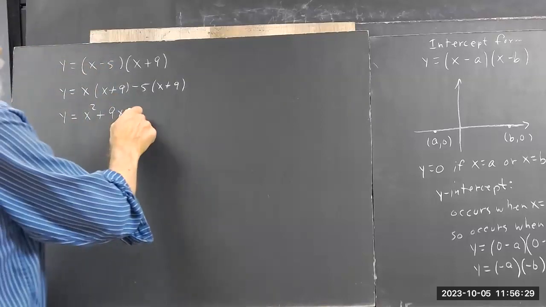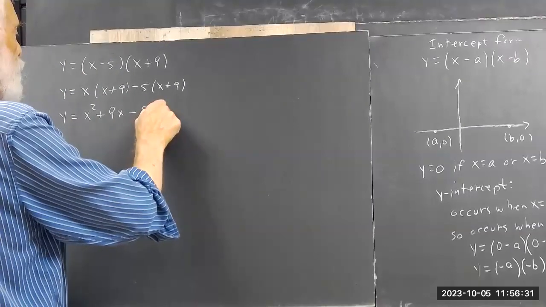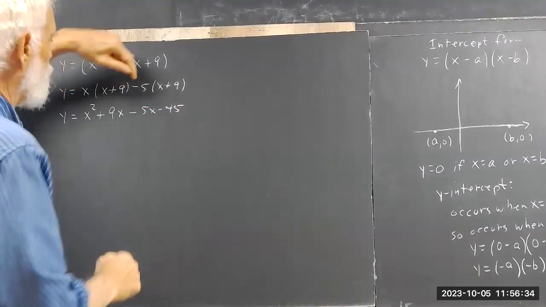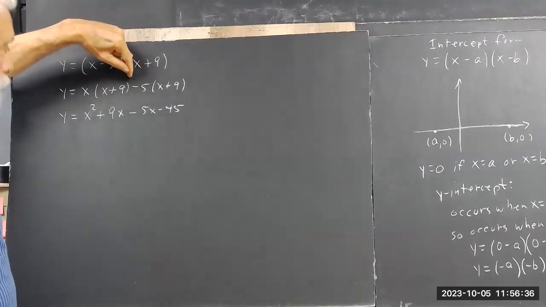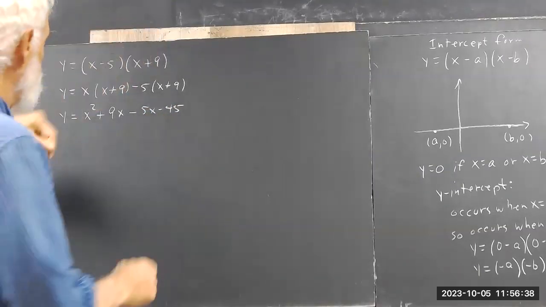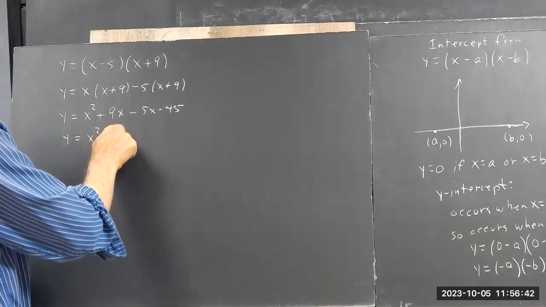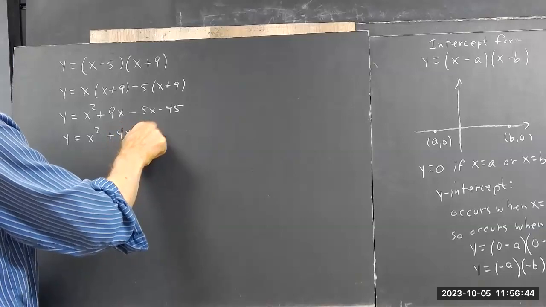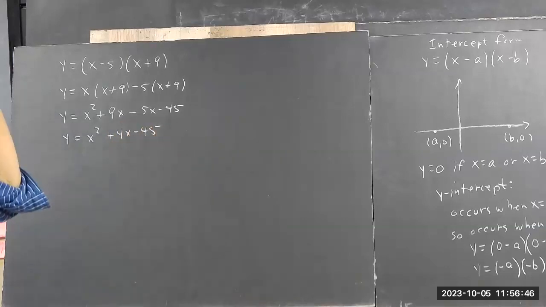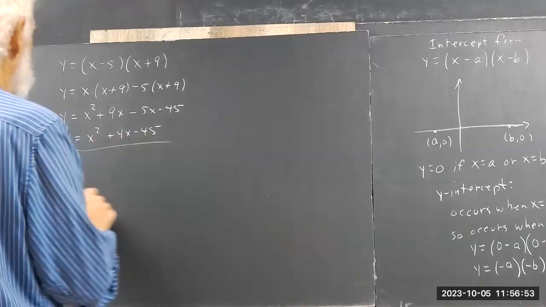Okay, and there's minus 5x minus 45, because it's minus 5 times x and minus 5 times 9. And then, of course, and I think you all are fine with this, we get this.